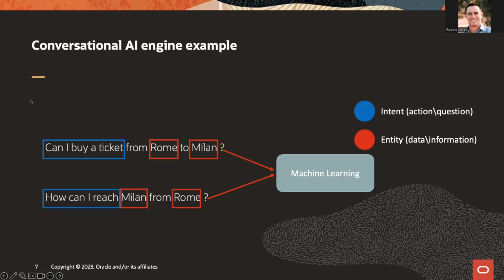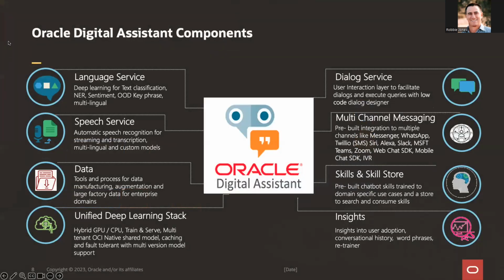To do all this, we've built into the product the deep neural network and machine learning required for that. I'm not going to go into all the stuff on the slide, but I do want to highlight some things such as the language service, the speech service, the insights, which are the analytics, and the dialogue service.